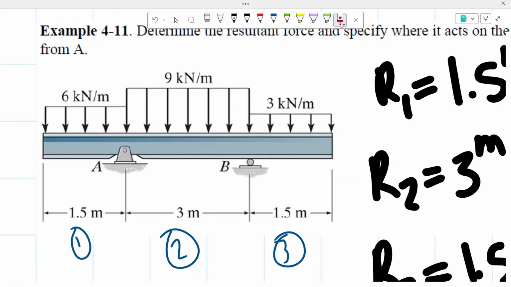For the force of section 2, we can put that the location is 1.5 meters. But for section 3, the middle would be 0.75 meters, but to that we also have to add the span of 3 meters because we're doing it from point A. So it'd be half of its span plus the 3 meters.